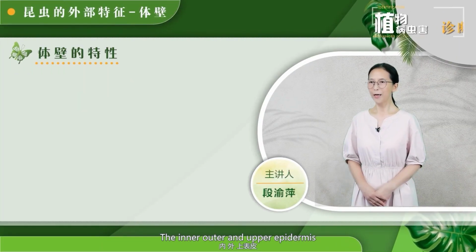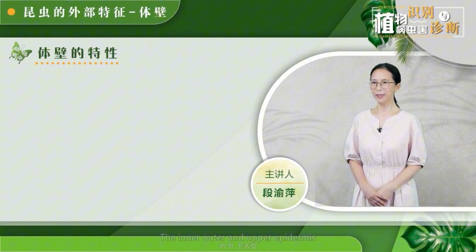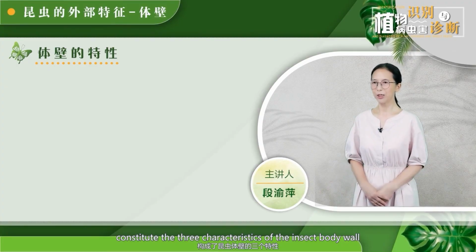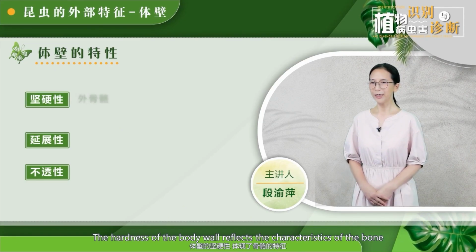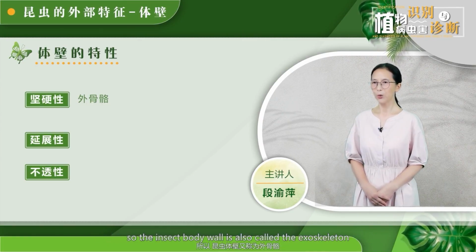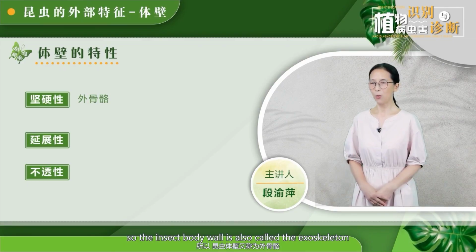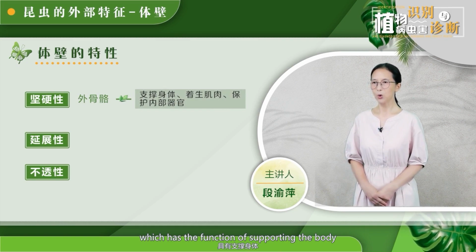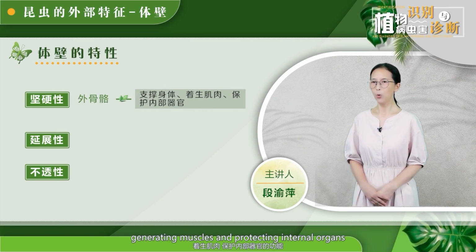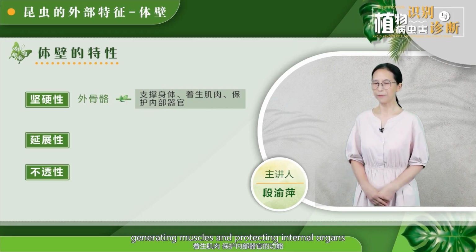The inner, outer, and upper epidermis constitute the 3 characteristics of the insect body wall: malleability, hardness, and impermeability. The hardness of the body wall reflects the characteristics of the bone, so the insect body wall is also called the exoskeleton, which has the function of supporting the body, providing attachment for muscles, and protecting internal organs.